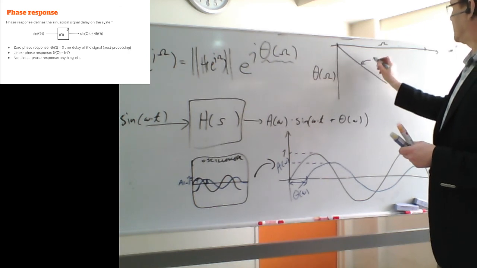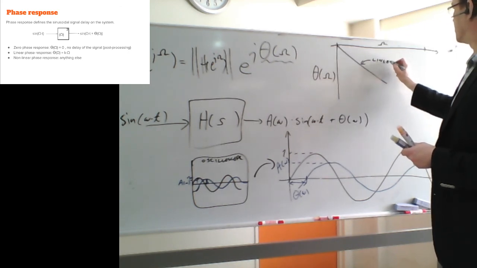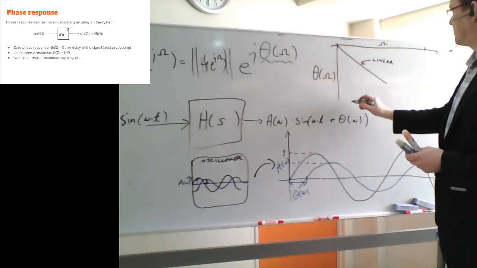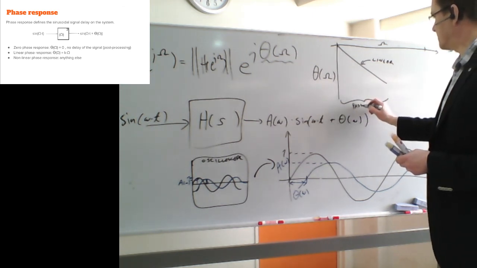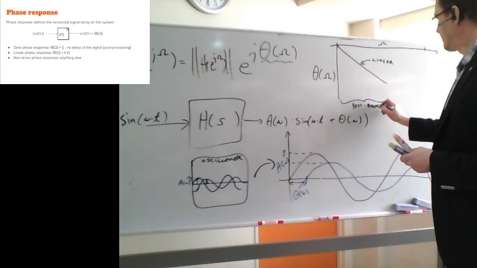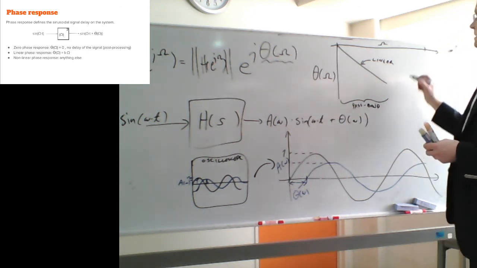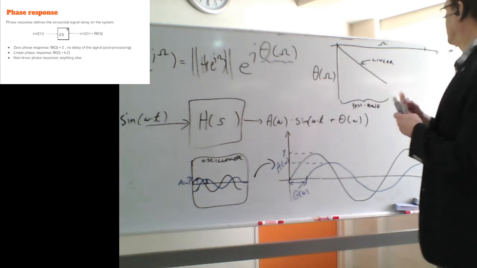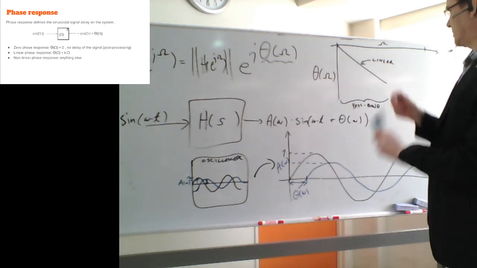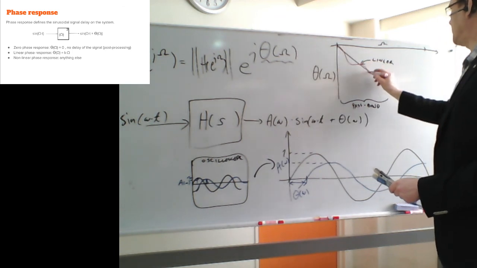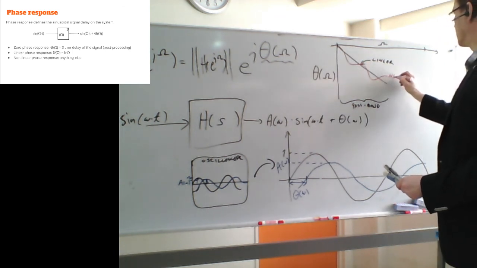So for linear phase response on the pass band, the only thing that matters is actually what happens on the pass band. And it can be either linear, or then it also can be anything else, so non-linear.